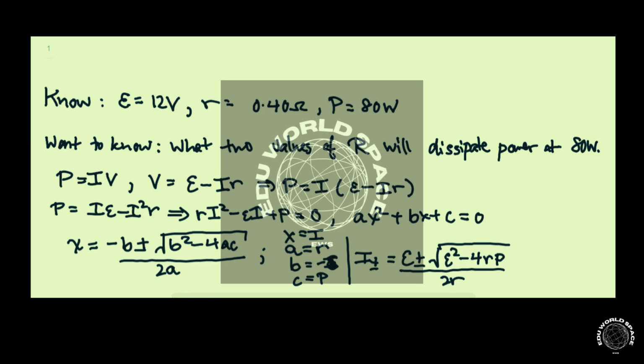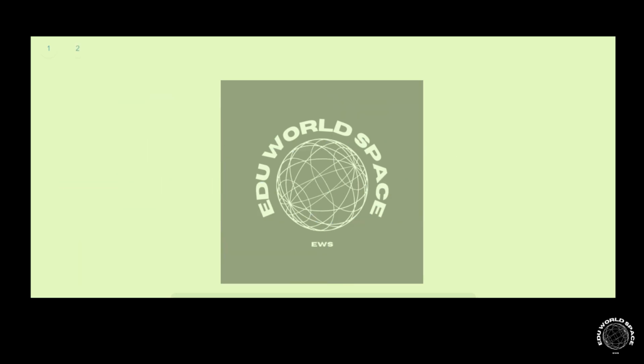So those are the two values of the current that we can find. And now if we plug in the numbers, so we have the EMF, we have internal resistance, we have power dissipated. So we can readily find I plus and I minus. So let's do that on the next page.